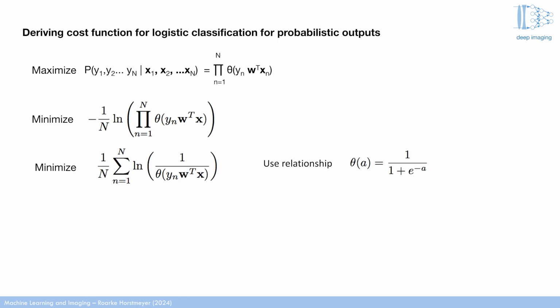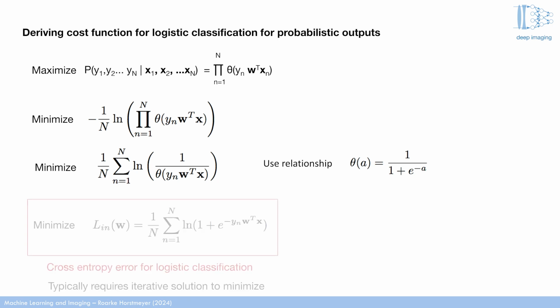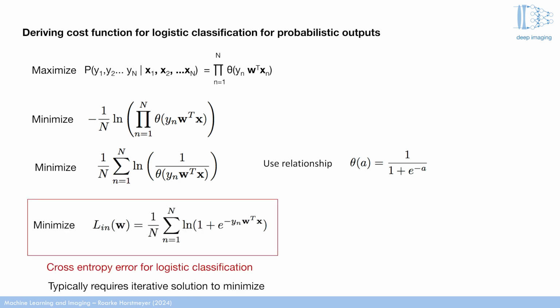There are two ways to write the logistic function, or the sigmoid function, and this is another way to write it. So we can just input that expression into this equation and crank the wheel. You end up with this equation down at the bottom.